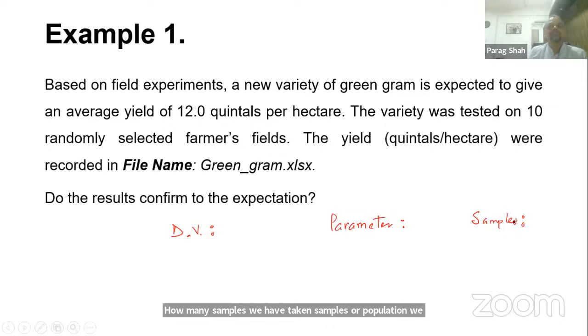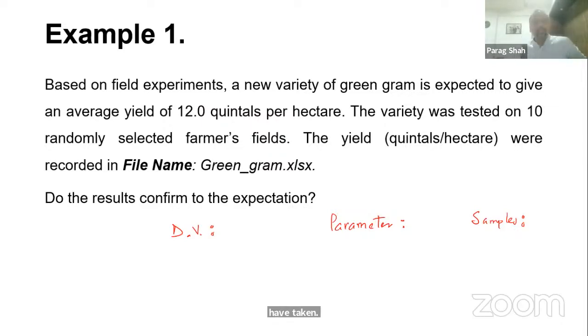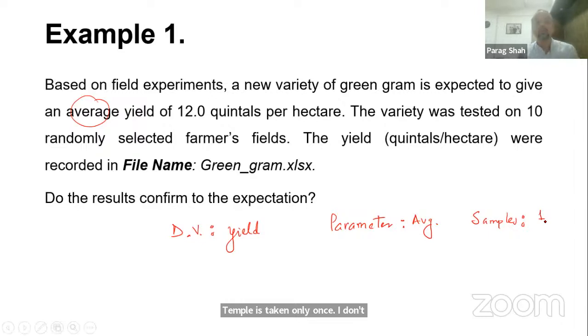And then we'll decide the null and alternate. What is the decision variable? Great. Yield. Perfect. Parameter, average. Sample is taken only once. I don't want to compare two types of green gram. It is taken only once.